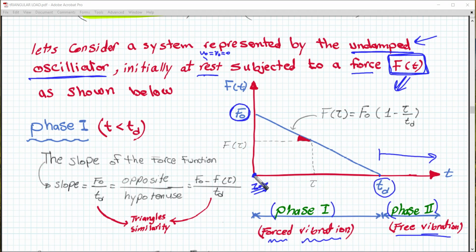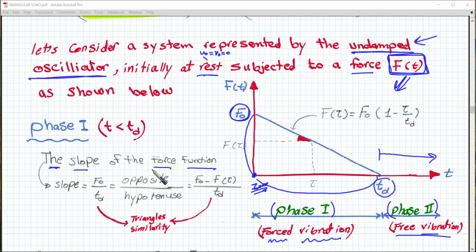This is the domain here, from 0 to td. So this is phase 1, the forced vibration part. Okay, if we look at this line, we can describe it through its slope. The slope in general for this line is going to be F node, which we can call the opposite, over the adjacent, right?